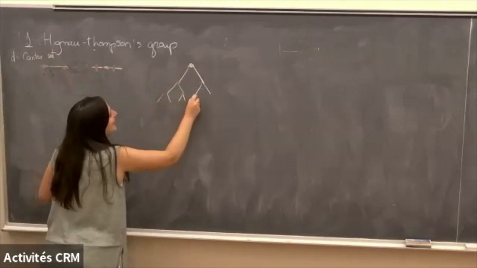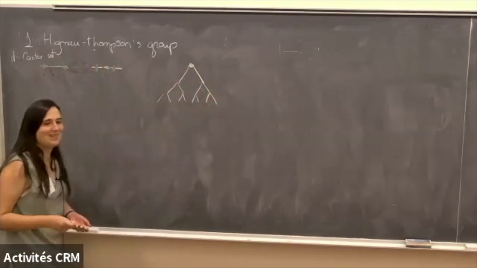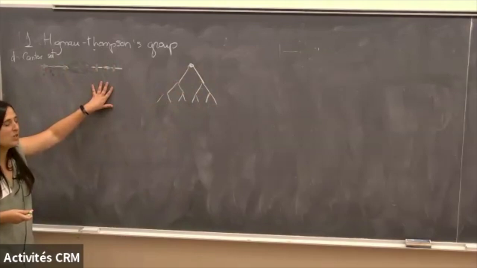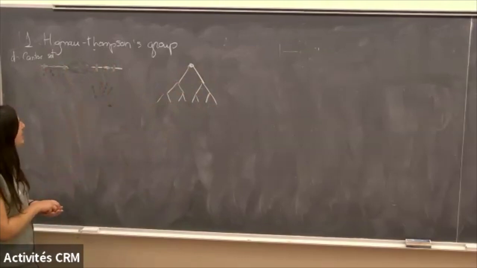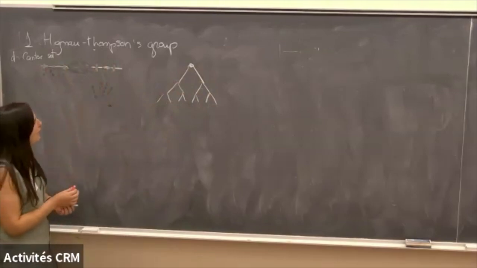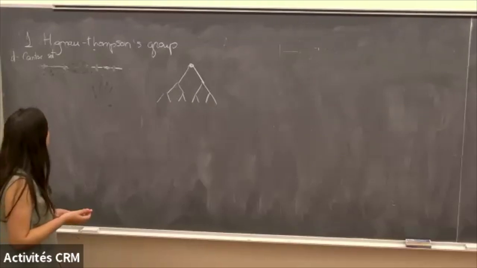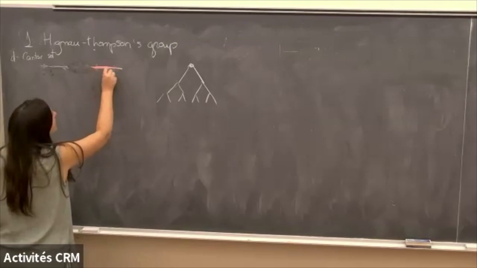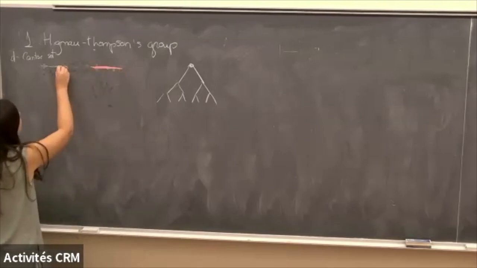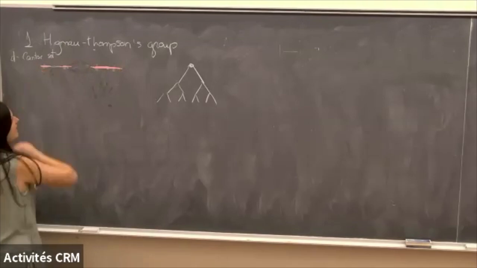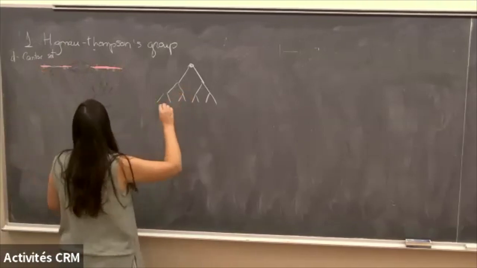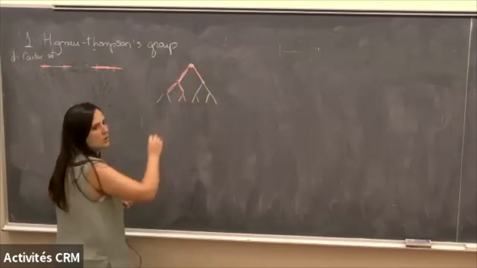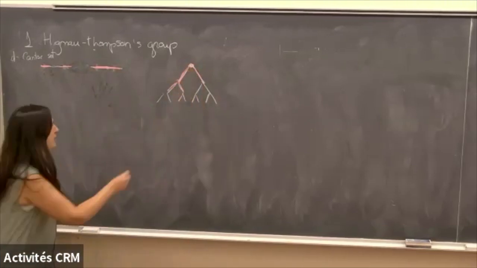In that way, I can associate an infinite tree to the Cantor set. So if I want to select a cover of the Cantor set, for example, all this and maybe this and this, it will correspond to this tree in the infinite tree.